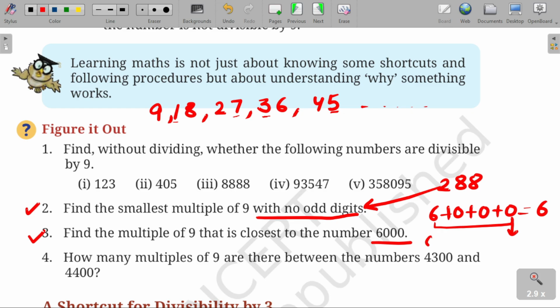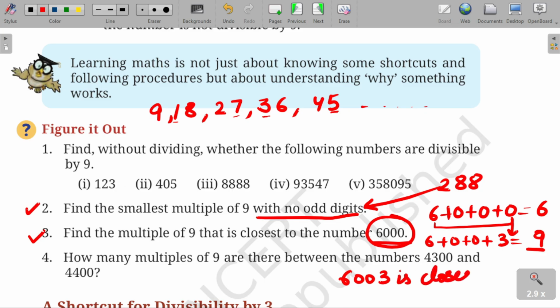If we add 6 plus 0 plus 0 plus 3 here, it will be 9, right? Which is a multiple of 9. Then it would be the closest to 6000. Are you getting that? So 6003 is closest to 6000 to become divisible by 9.